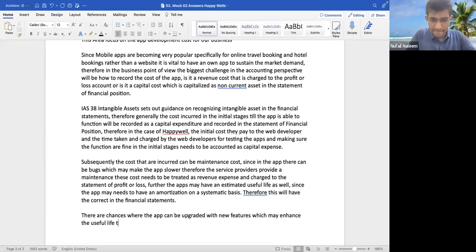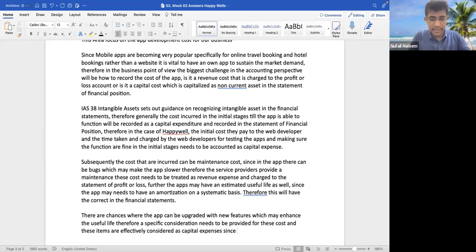Therefore, a specific consideration needs to be provided for these costs, and these items are effectively considered as capital expenses, since this enhances the life of the app.